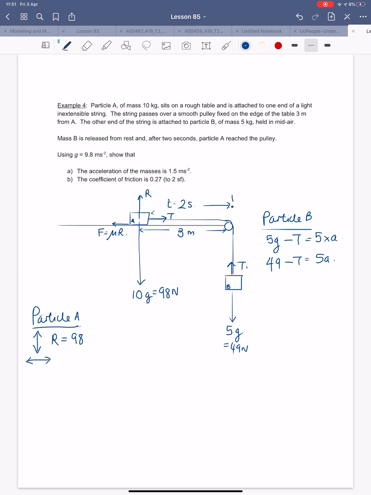Then horizontally, T minus mu R equals mass times acceleration. Mass is 10a. R is 98, so T minus 98 mu is 10 times acceleration. So there are our equations.